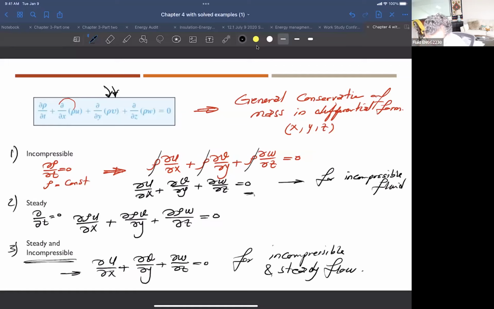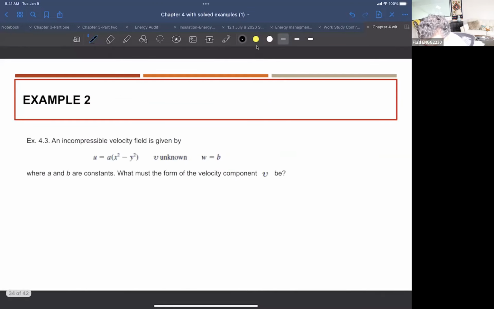Okay, so let's solve this problem so you can understand what we're talking about here. An incompressible velocity field is given by this. Velocity cannot change with time. Again, it's not only about the velocity, it's about every parameter.